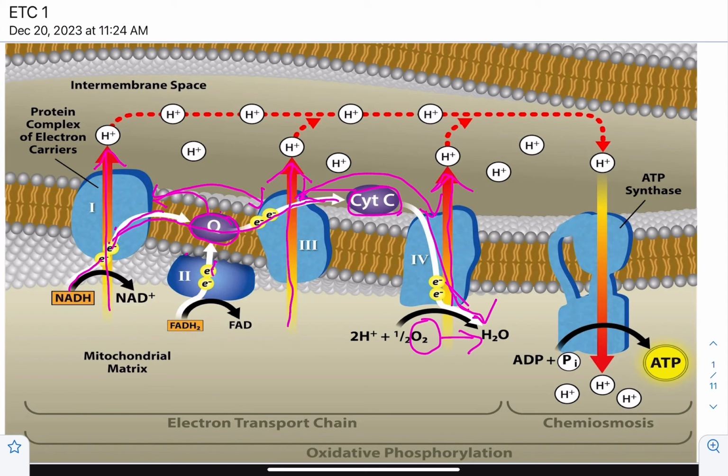Because they are charged, and there are some electrons here in the matrix, they're attracted to the electrons in the matrix. So that makes them want to go down ATP synthase, diffuse down through the membrane. Also, this high amount of protons also wants to go down its concentration gradient.